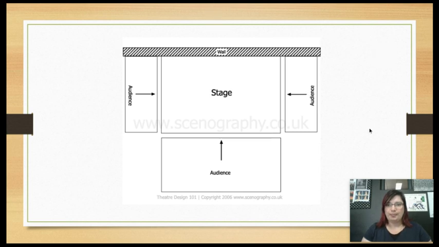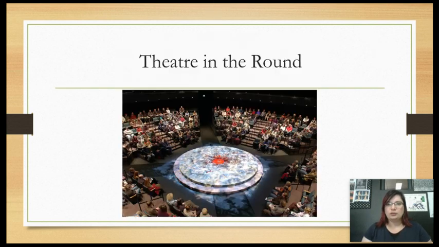All right. Then if we move on to the next set of stages, we are going to talk about the theatre in the round. As you can see, it is a very different type of stage. Okay, the audience is surrounding the stage from three sides.